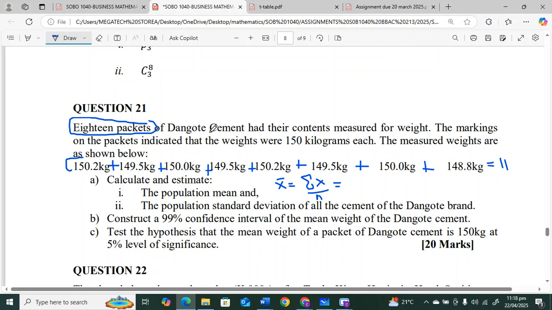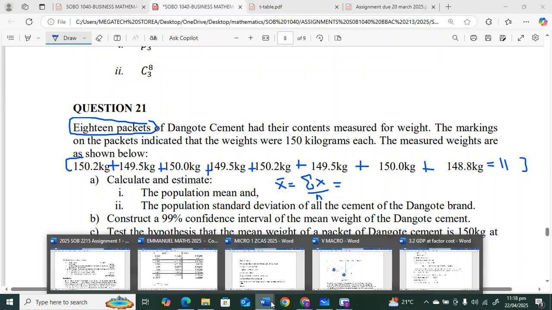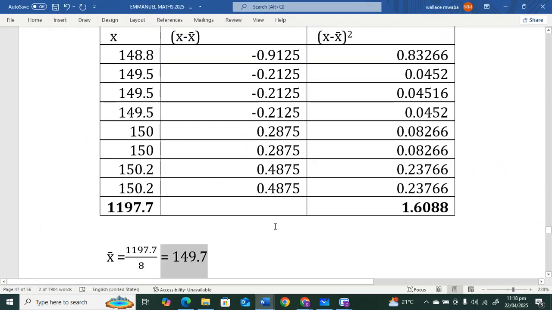So do not use 18, you're just dealing with this 8. So for all these questions, n is going to equal 8. Any questions before I move further?